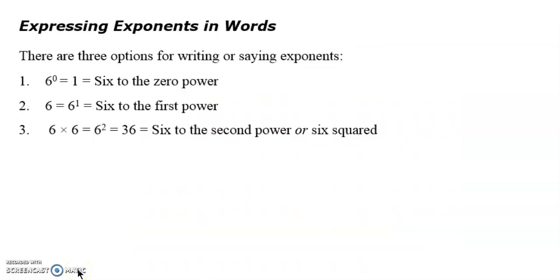When you're asked to say exponents in words, just keep in mind that you have multiple options and one's not better than the other. So we've got some examples here: 6 to the 0 power, 6 to the first power, and 6 to the second power, or 6 squared. So remember, we have a few different ways that we can express exponents.